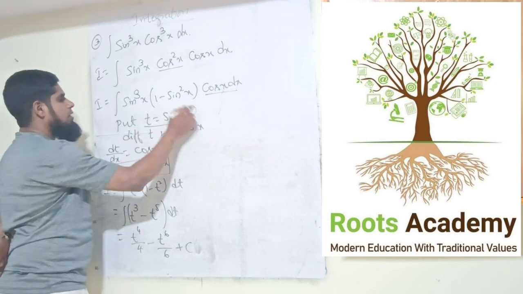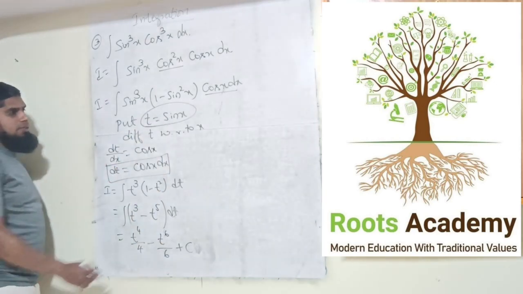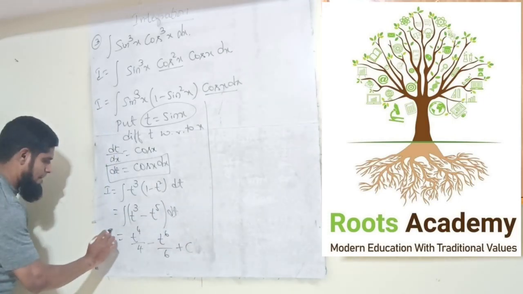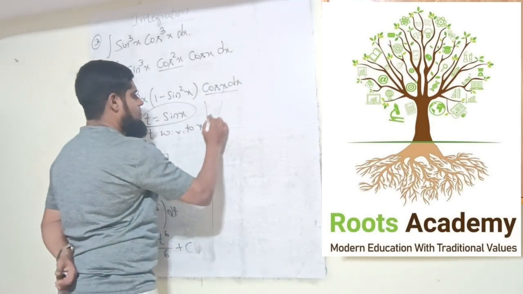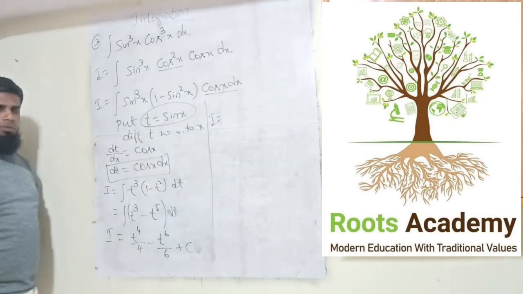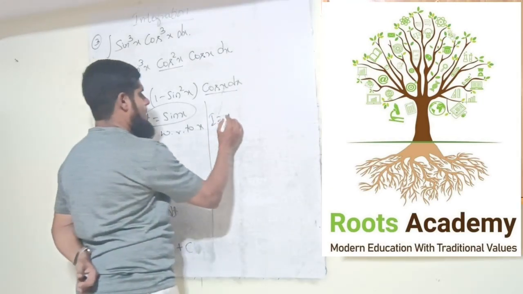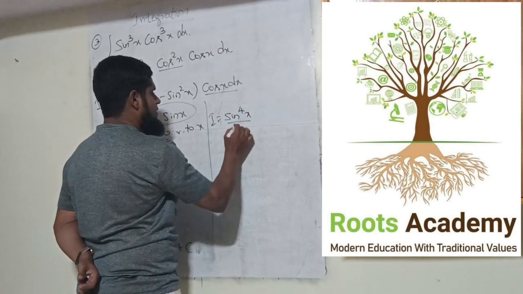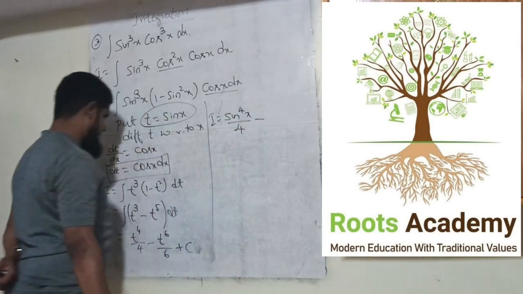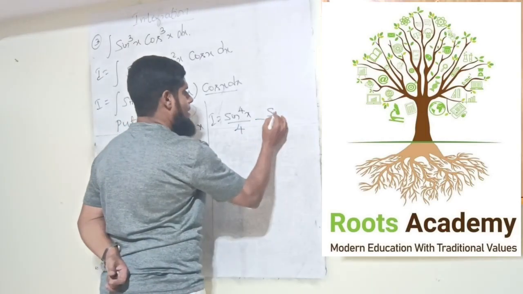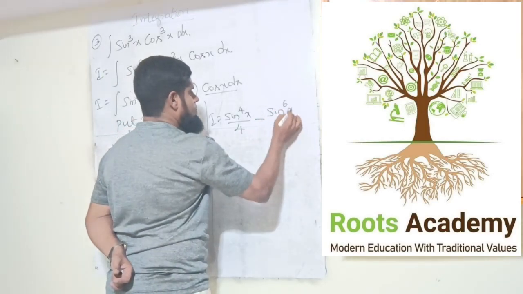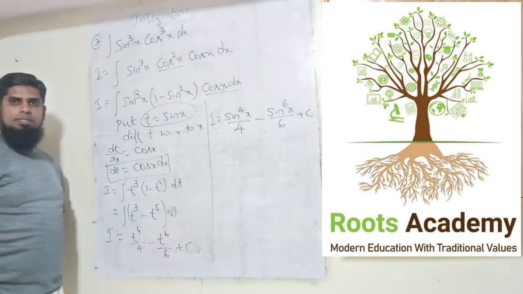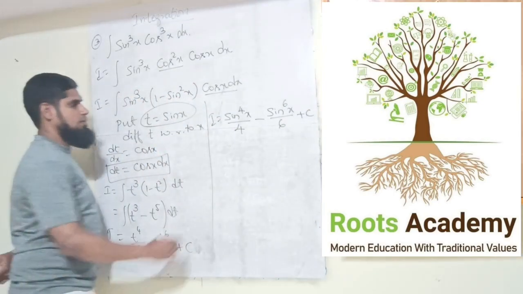What is the value of t? It is sin x. So I is equals to sin power 4 x divided by 4 minus sin power 6 x by 6 plus c is the answer.